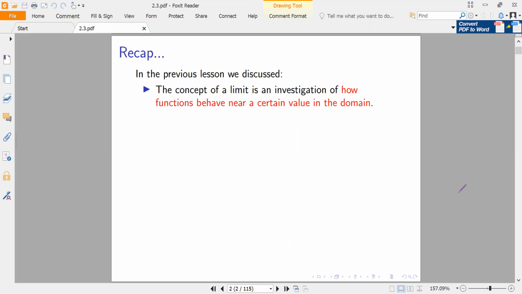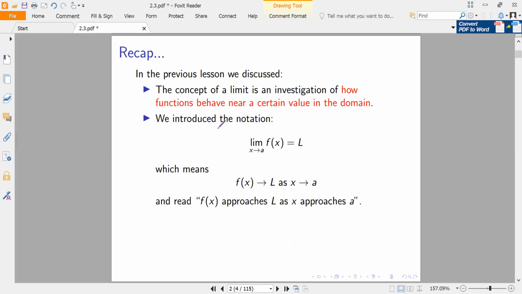We spoke about the limit, and we said the concept of a limit is basically investigating how a function behaves near a certain value in the domain. And we introduced this notation, which we can read as f of x is approaching L as x is approaching a.